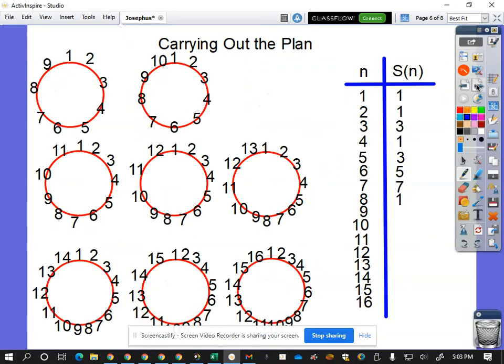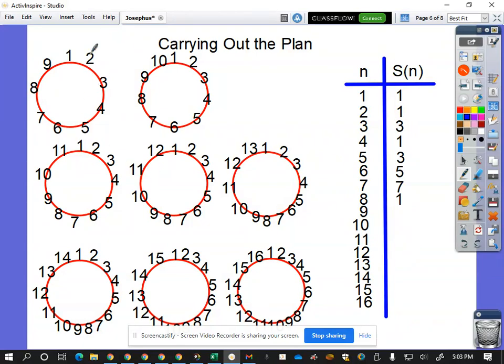So let's take a look at what we have so far. We've got our table here, N, and then S of N is the winning position, the seat that's in the winning position. We're starting to see a pattern, 1, 1, 3, 1, 3, 5, 7, 1. We're probably going to go 3, 5, 7, but then maybe we don't know after that where we're going.